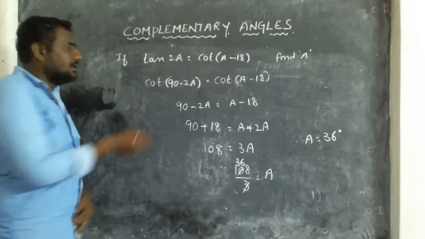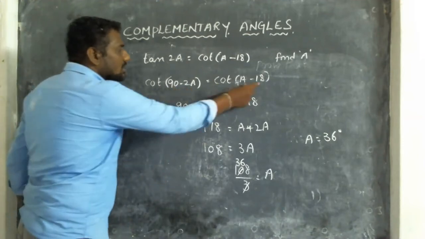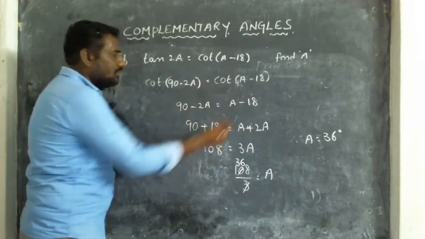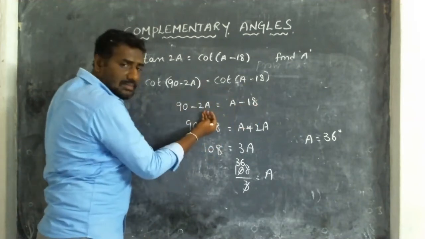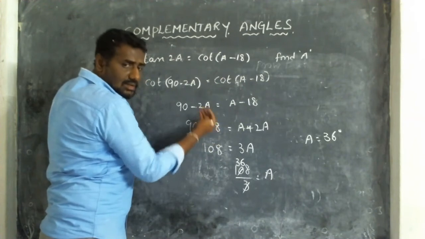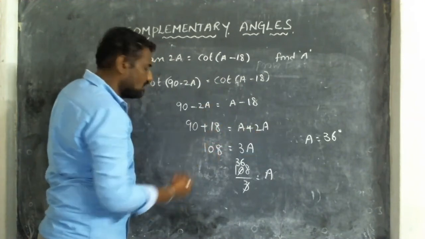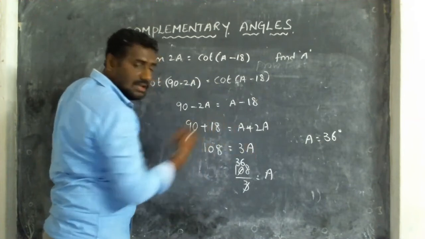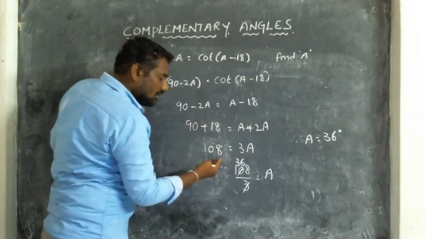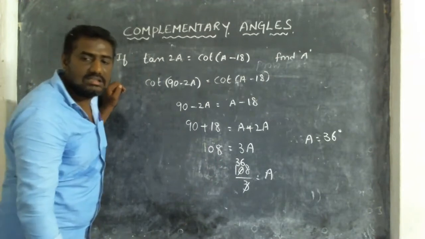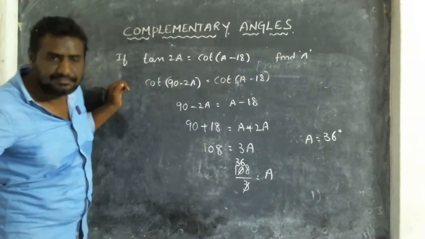On comparing the angle, here 90 minus 2a, here a minus 18. Now you bring minus 18 to the other side become as a plus 18. Minus 2a take to the other side become as a plus 2a. 90 plus 18 become as 108. A plus 2a become as 3a. Now take the 3 to the denominator. 108 by 3 is nothing but 36.